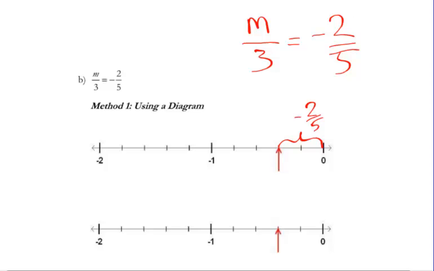what would we do to find out what m is? Well, if each of the groups is -2/5, and we're going to have 3 groups, then we can take all 3 of those groups, and what does that give us?